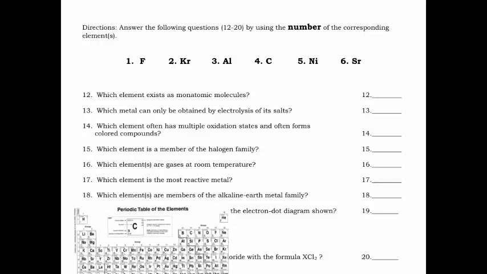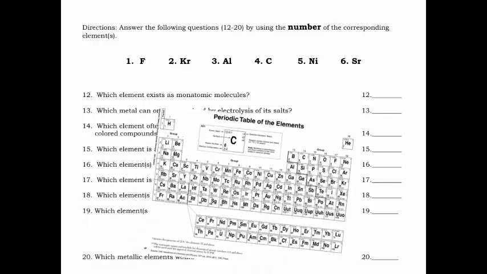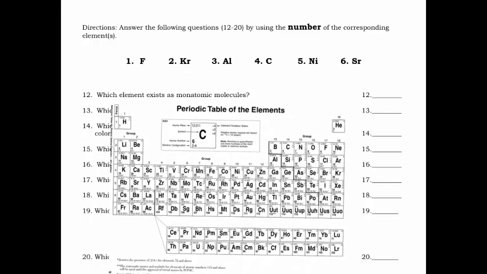Before we start answering questions, you may want to again record the atomic number of each of the elements, so it'll be a little easier for you to find each of them. Element F is element number 9. Kr is way over here, it's element 36. Ooh, it's hard to write at this point.